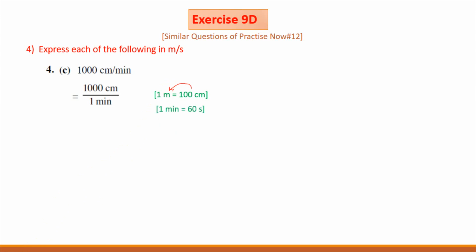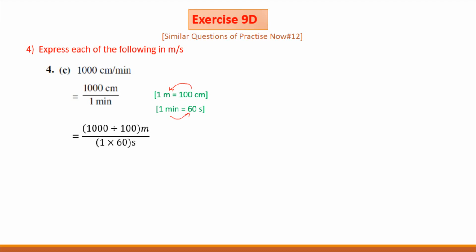and we know that in 1 minute there are 60 seconds. So when we convert the minute to second, we are moving from greater to smaller value. So we will multiply 1 into 60, but we will divide over here in the numerator. So that is our next step. 10,000 divide by 100. Now the answer will be in meters.